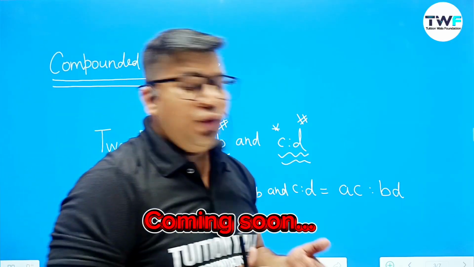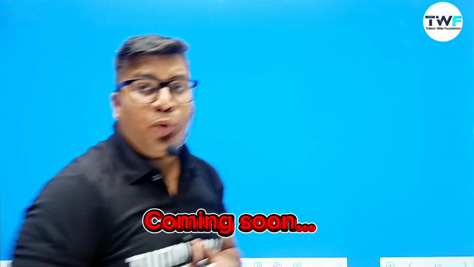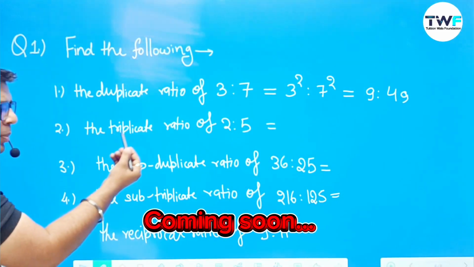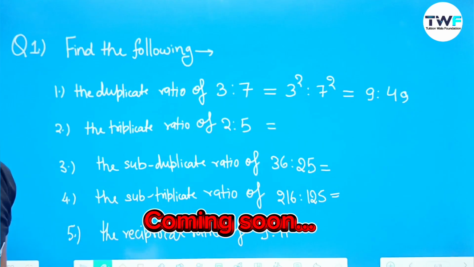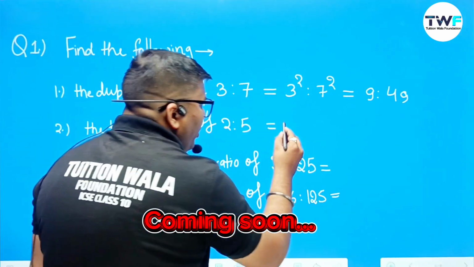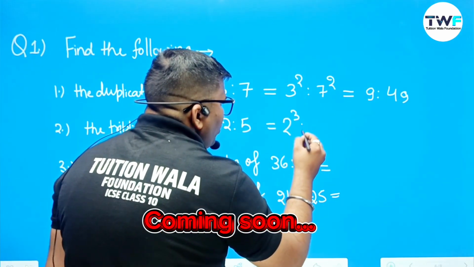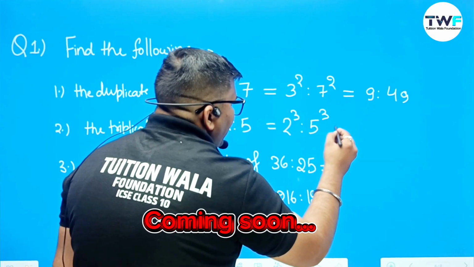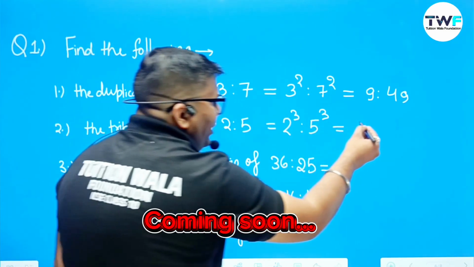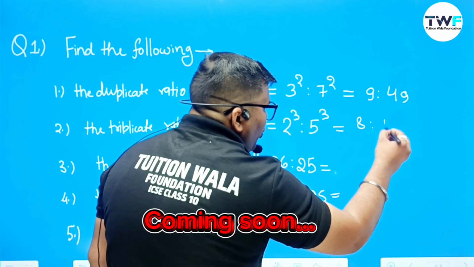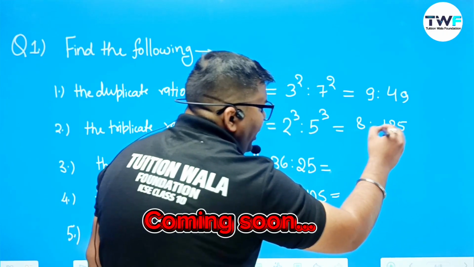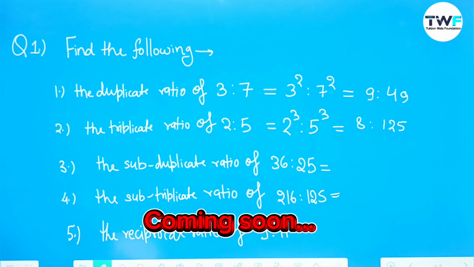I think you understood. Now we are moving on to the next point, the triplicate ratio of 2 ratio 5. Then the answer will be 2 cube ratio 5 cube. Then 2 cube is 8 and 5 cube is 125. Answer will be 8 ratio 125.